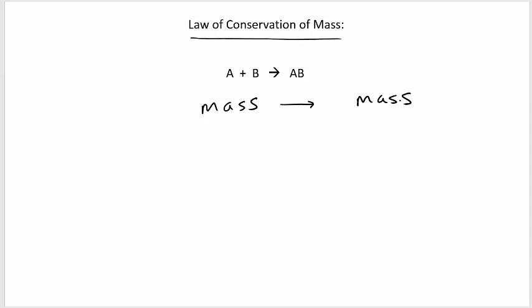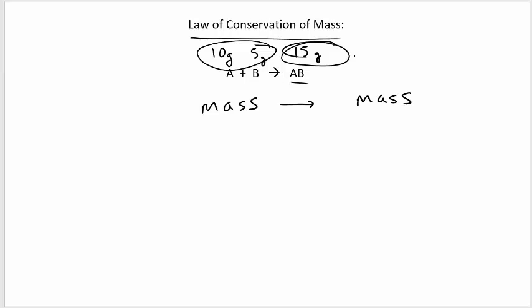So if everything reacts perfectly and you put 10 grams of A and 5 grams of B, you're going to have 15 grams of the product AB. So matter can't be created or destroyed, it's simply rearranged to form something new.